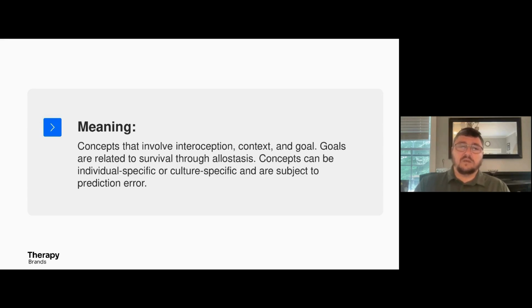Sometimes we talk about the individual meaning versus the cultural meaning, and maybe this particular stimulus, like the paperclip, has one meaning in one environment and another meaning in another environment, and we have to sort through that. Meaning has led me to this idea: what do stimuli mean to this individual?